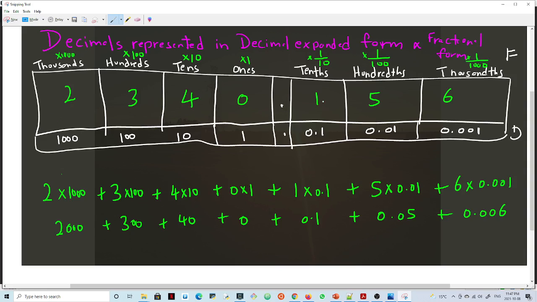But on the right, it's tenths, hundredths, thousandths. So it's 1 upon, right? And look at the decimal part here. For tenths, it's 0.1. You shift 1 decimal place. For hundredths, you shift 2 decimal places. For thousandths, you shift 3 decimal places.